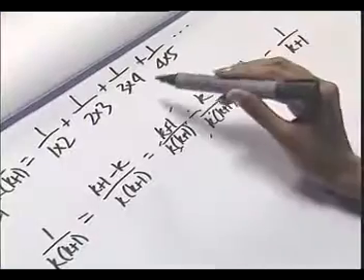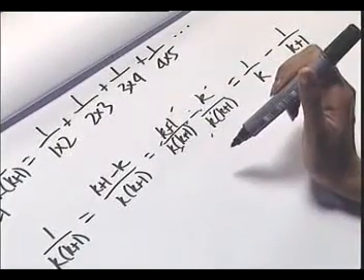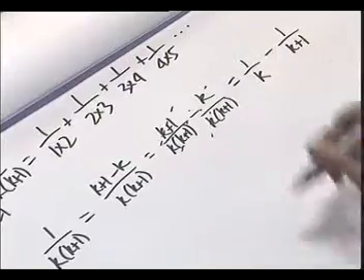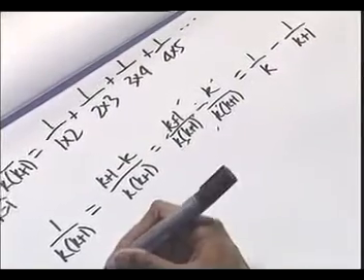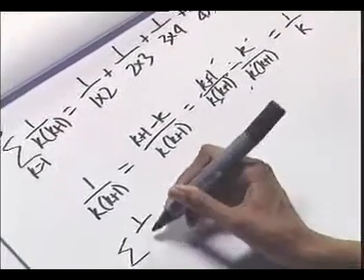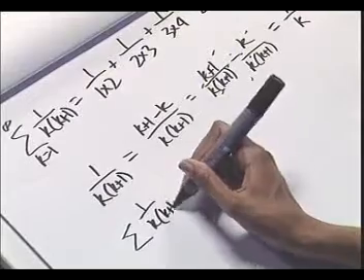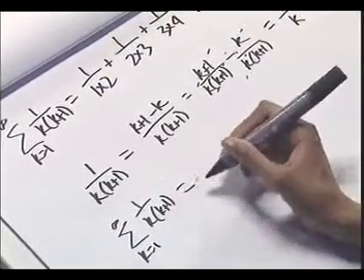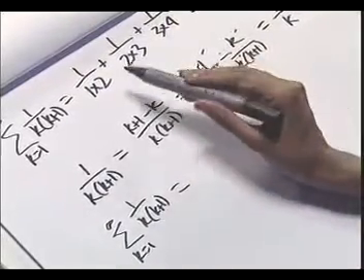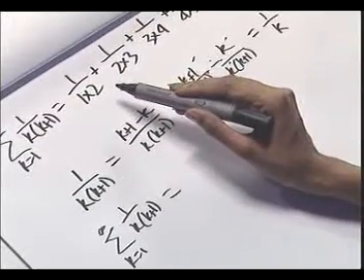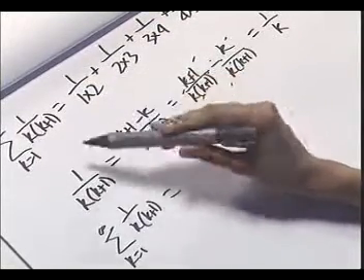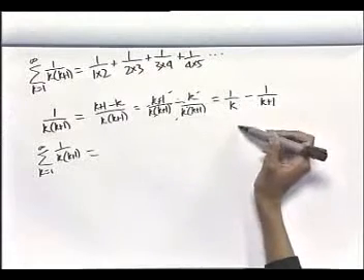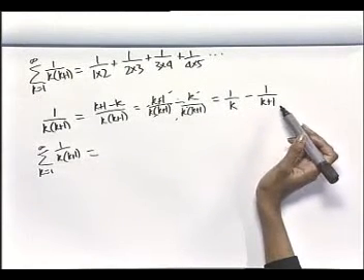So now I can substitute this back in to our original series to rewrite it. So the series 1 over k times k plus 1 from k equals 1 to infinity can be rewritten like this. Well, for the first term, k equals 1. And we've just shown that this can be written as 1 over k minus 1 over k plus 1.